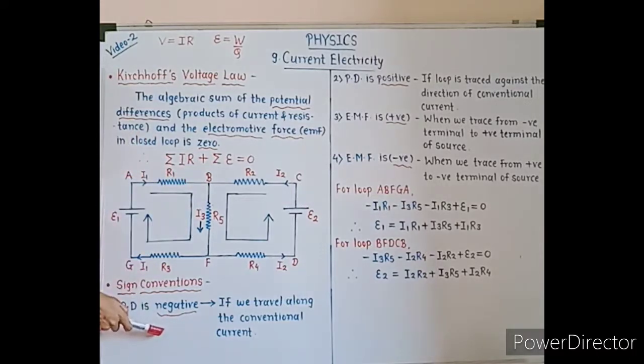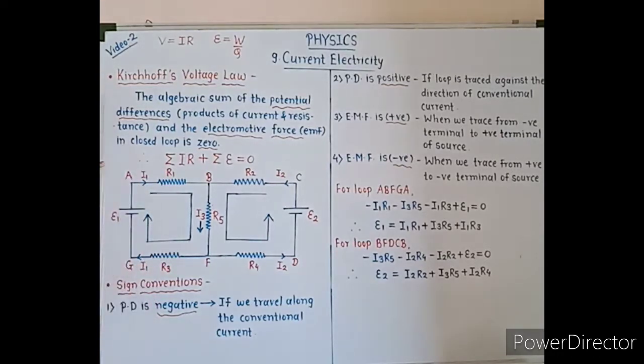It is considered negative because the current I1 is flowing from A to B and we are tracing the loop from A to B, B to F, F to G and G to A. That means the direction of conventional current and our travelling path are the same, so here the potential difference is considered to be negative.